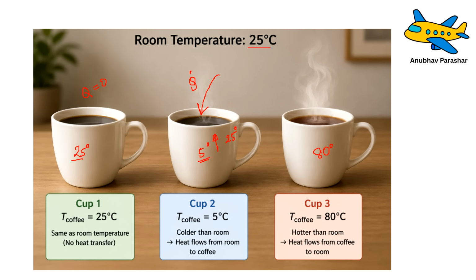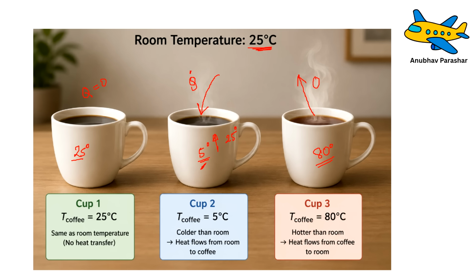So you can see that because of the temperature difference between the surroundings and the system, heat has flown into the system. Now let us take the third case, 80 degrees centigrade. The coffee is at a higher temperature and the room is at a lower temperature. There is a temperature difference, and because of this, the heat flows from the coffee to the room.